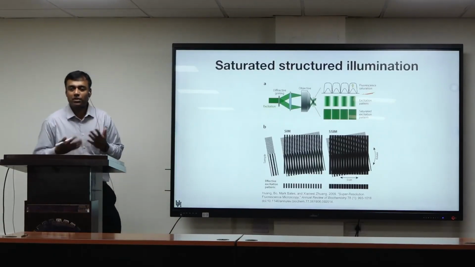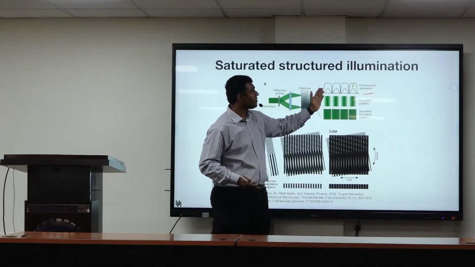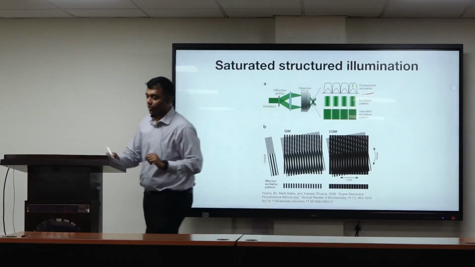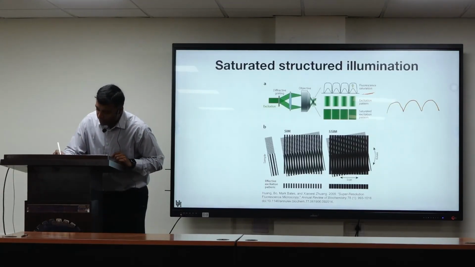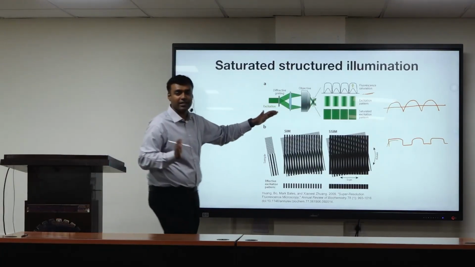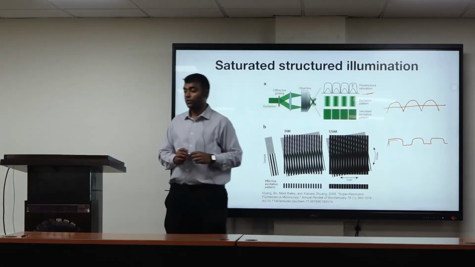But if you expose this for a long time, or if the excitation is high enough, then it becomes a non-linear process. So instead of it being a sinusoidal thing, if you cut it off because of saturation, then you can get something close to a square wave, not exactly a square wave, but closer and closer to a square wave.